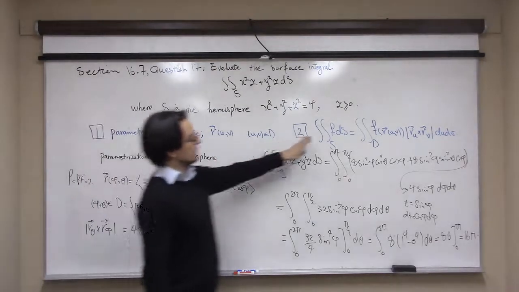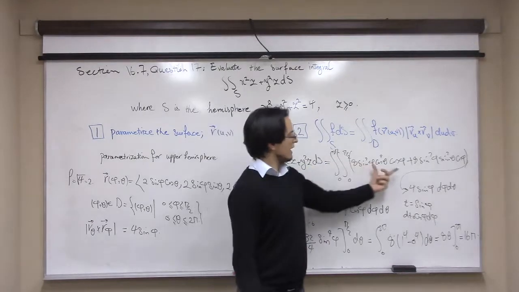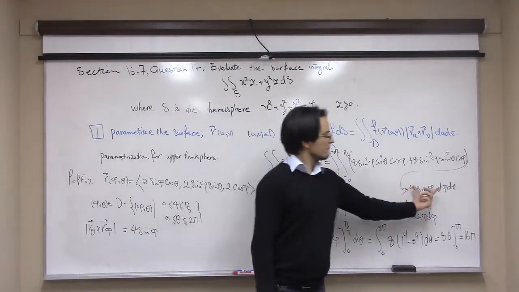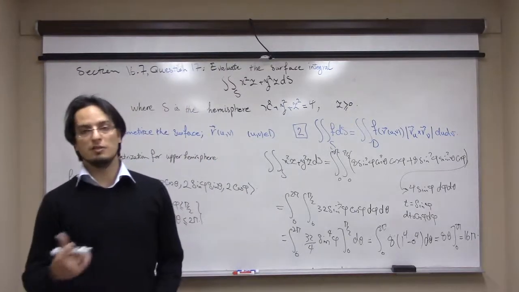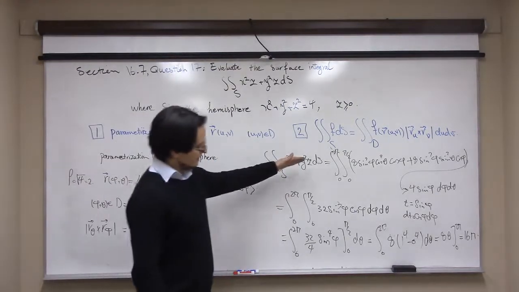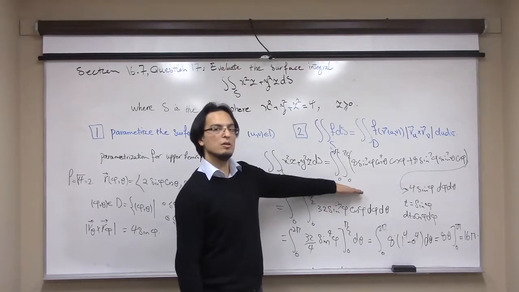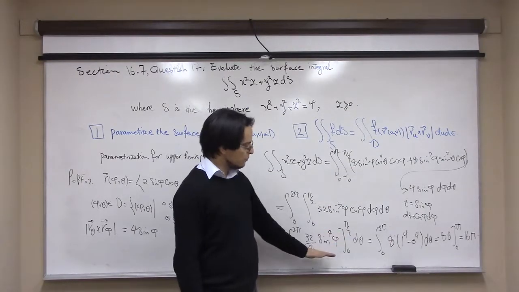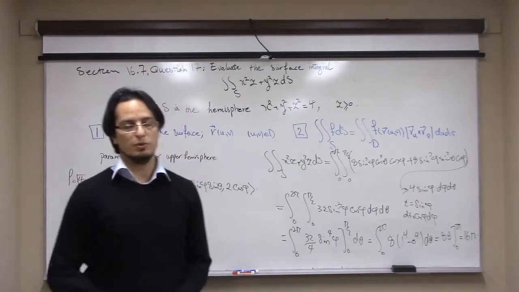And then I followed these 3 steps here. Change boundaries, plug in new parameters, plug in the integral in terms of your parameters, and then you got a double integral, evaluate the inner one, outer one, and that's the value you're looking for.